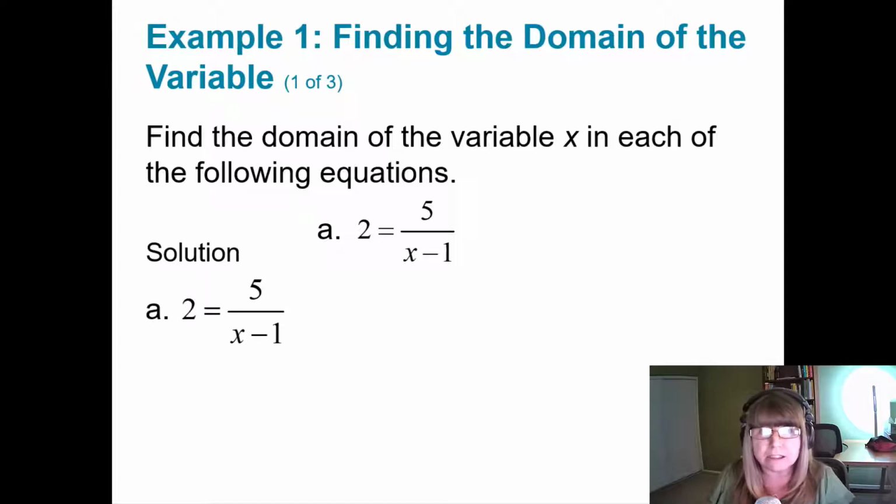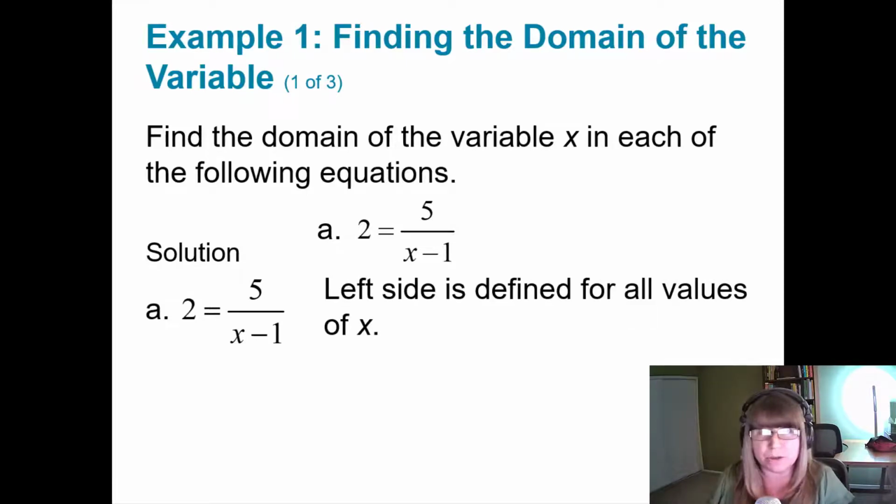So let's look at this equation and find our domain. On the left-hand side, there's no issues. There's not even an x over there, so if you threw x equals 5, it wouldn't matter because there's no x on the left-hand side. So all values of x are defined, meaning we stay in the real numbers.